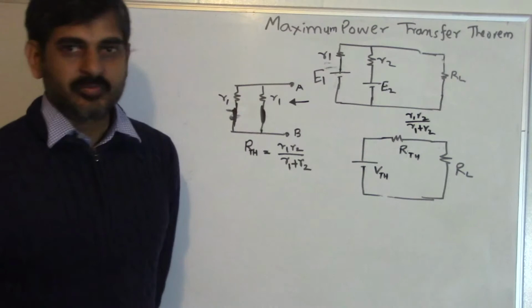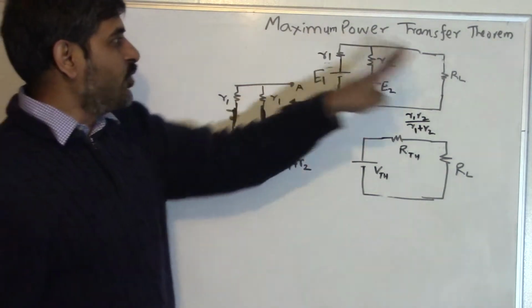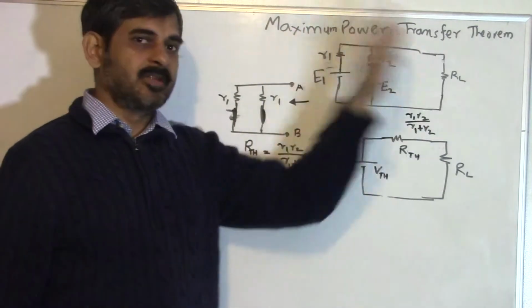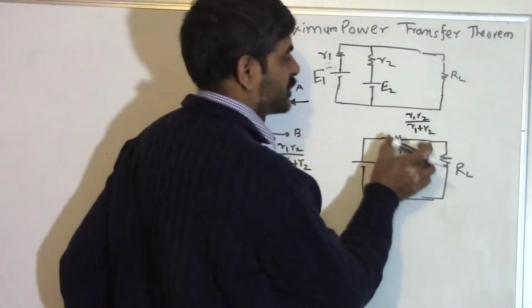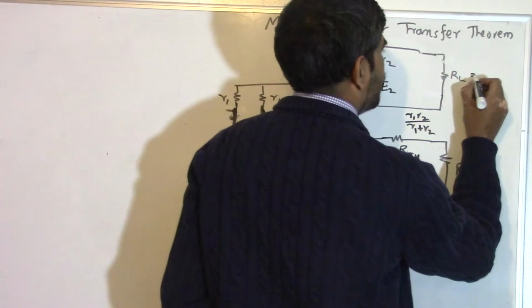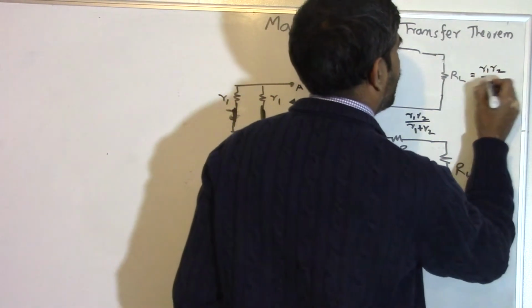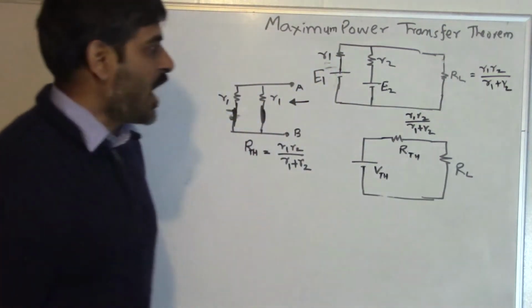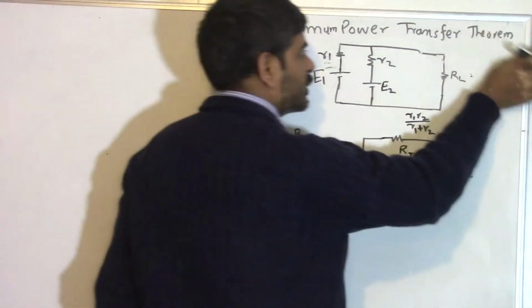So the first part of the question, the value of RL for which this circuit will deliver the maximum power, is the same as this series resistor, which is equal to R1 R2 divided by R1 plus R2.